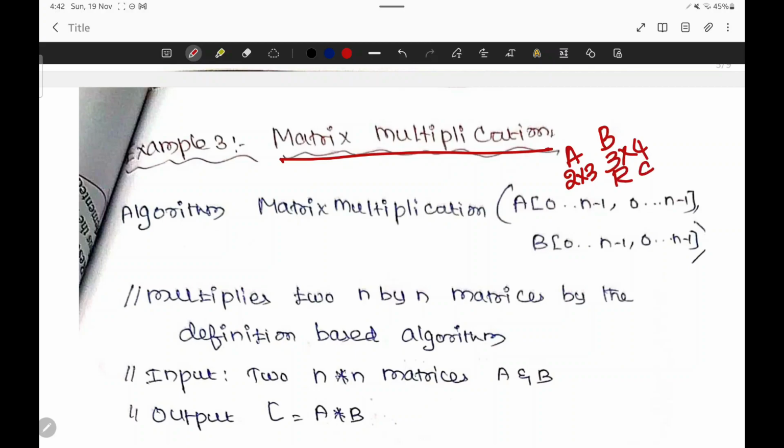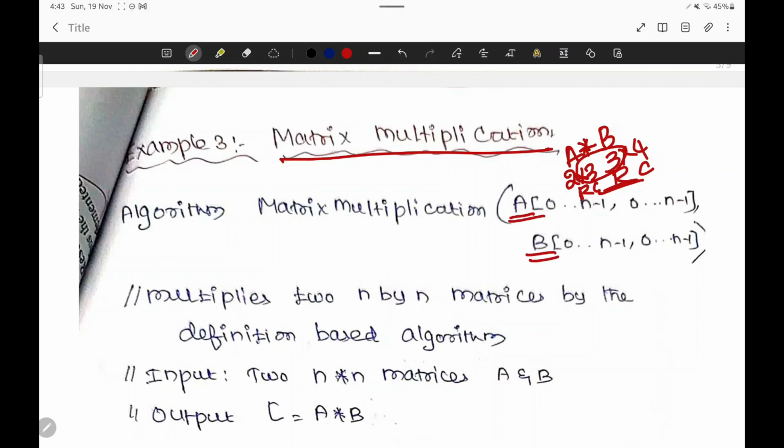The first number is the row, the second is the column. We are going to perform multiplication. Whenever we multiply, the column count of matrix A and the row count of matrix B should be the same. Then we will be able to do the matrix multiplication.